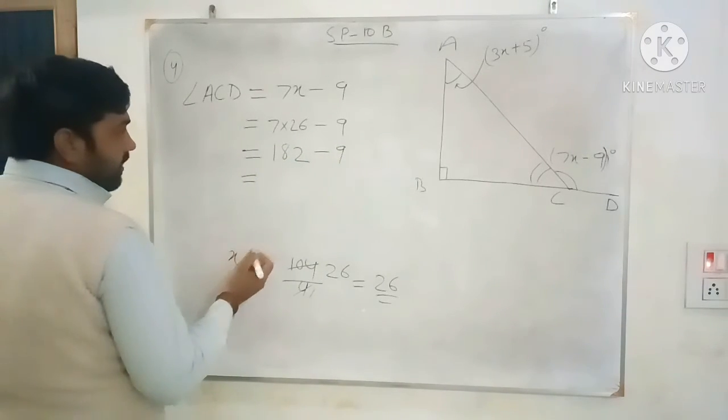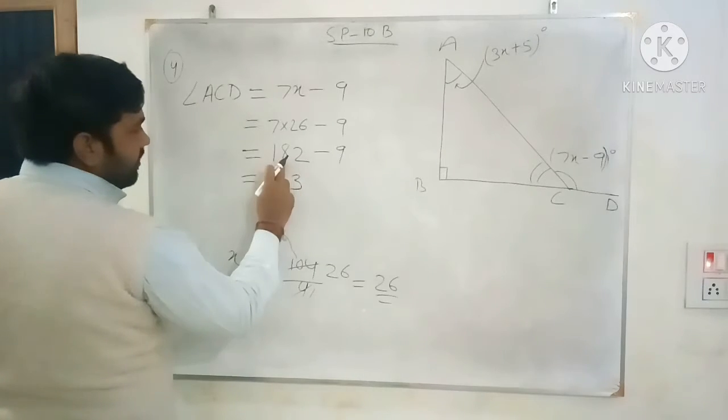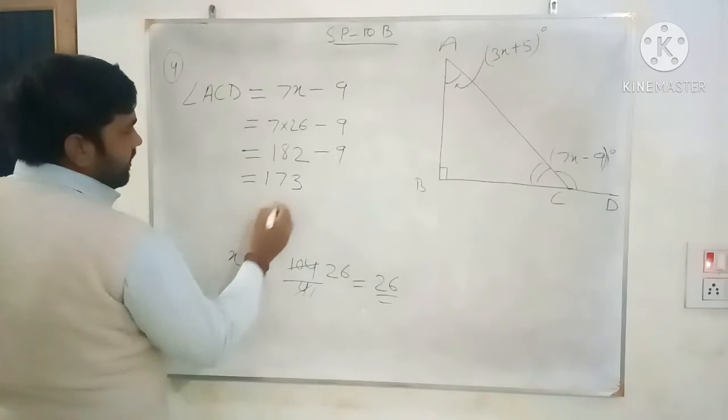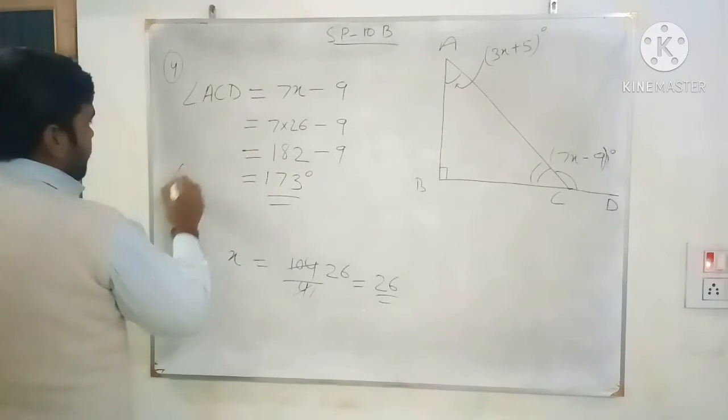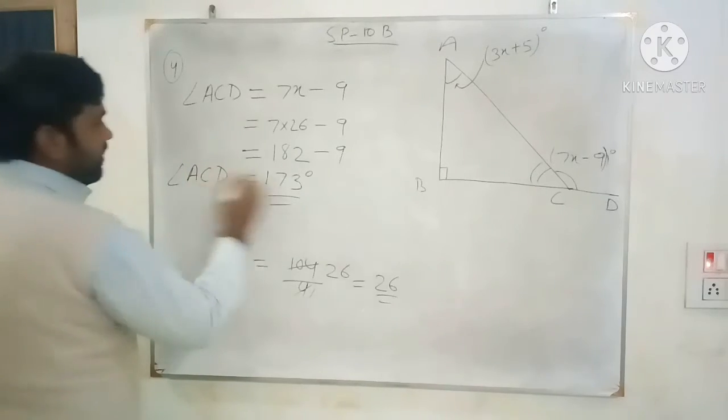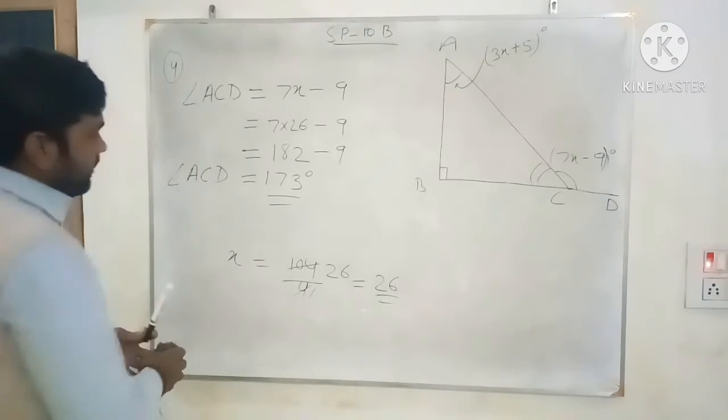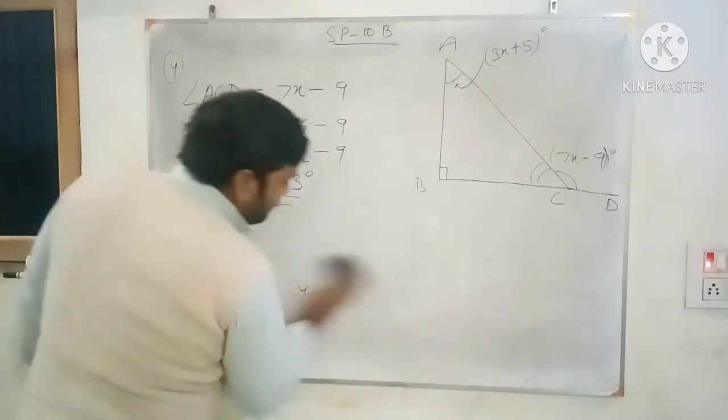So what you will get? 12 minus 9, 3, that is 173. So the measurement of angle ACD is equal to 173 degree. That is the answer of question number 4.